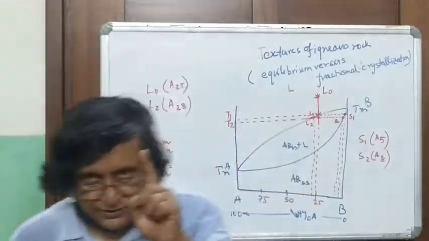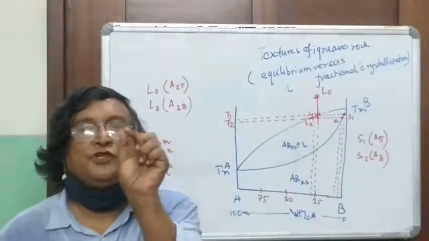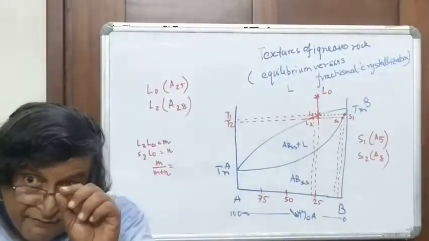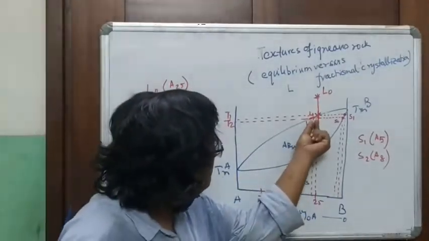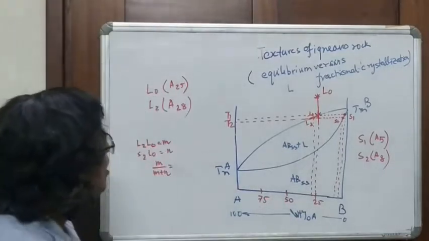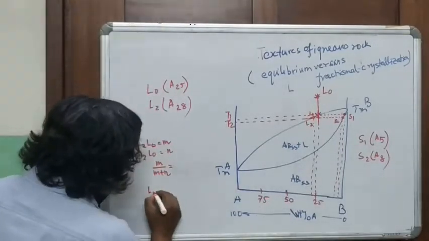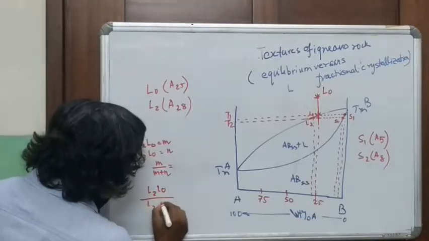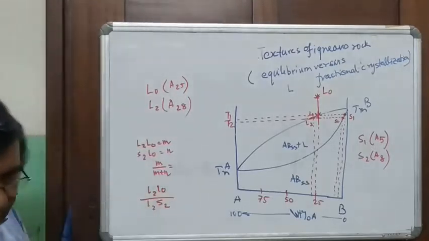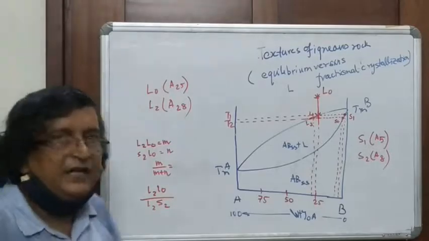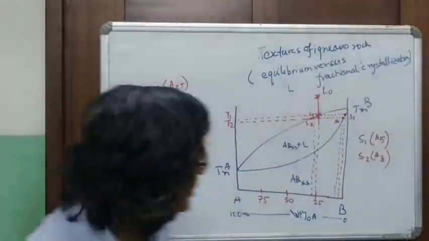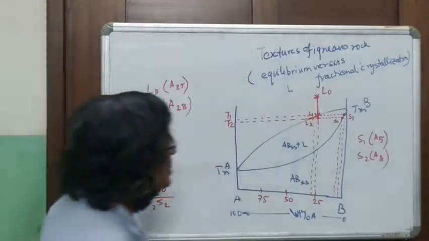Fraction of solid, not the composition of the solid. The composition of the solid is 8. The fraction of the solid is L2 L0 divided by L2 S2. That is M divided by M plus N. And this gives you the fraction of crystal.